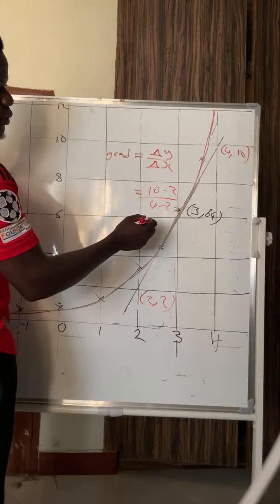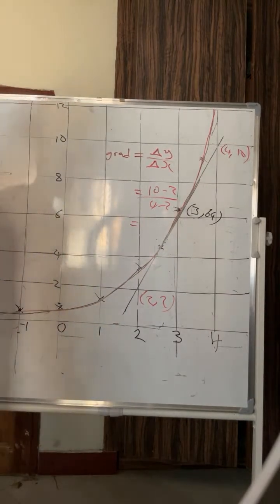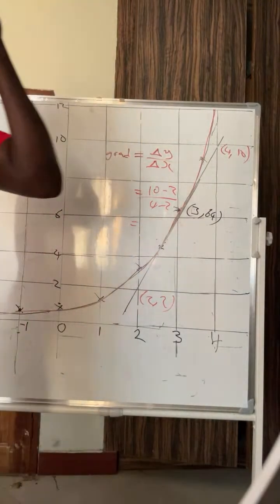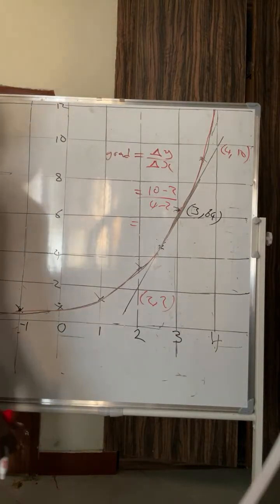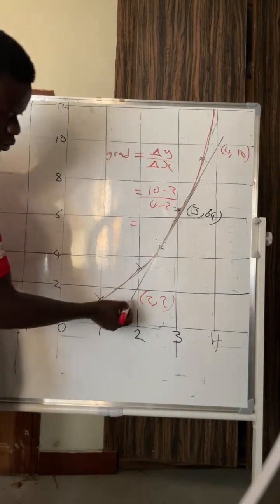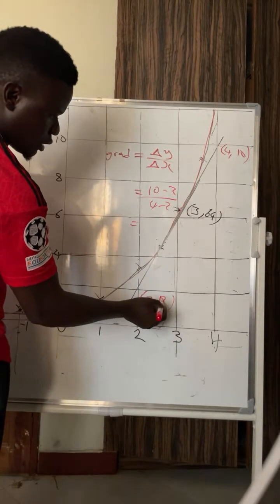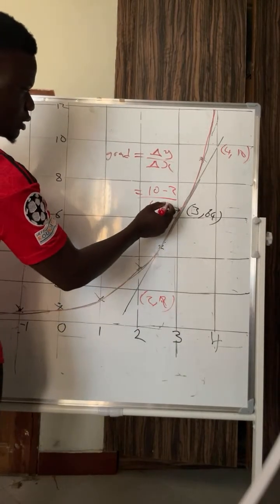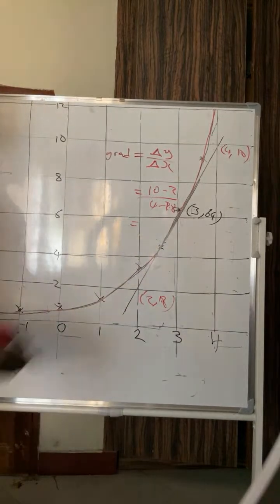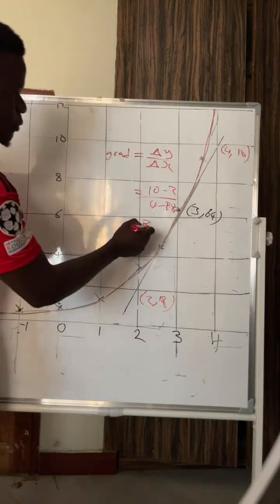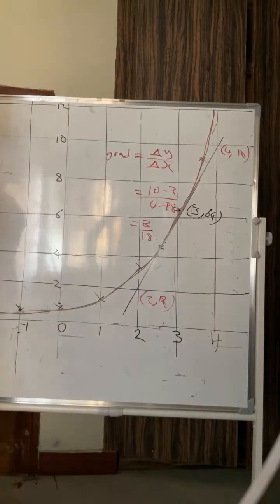For accurate answers, if we calculate, the x value here is 1.8. So we can put 1.8: 4 minus 1.8. So here it's 8 divided by 1.8.